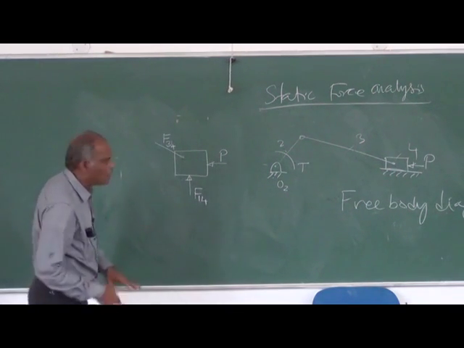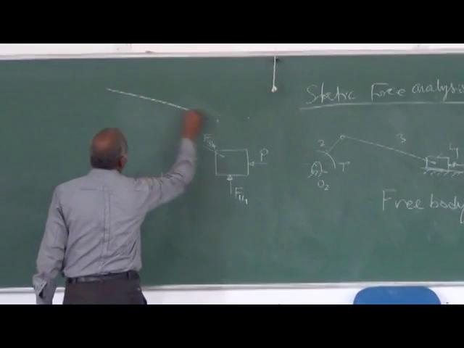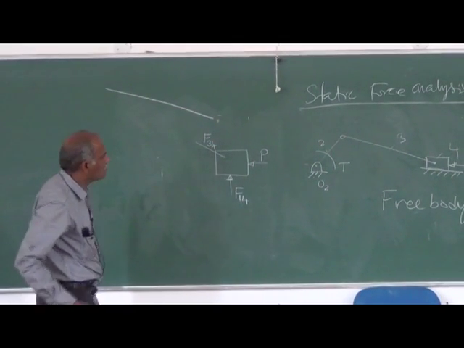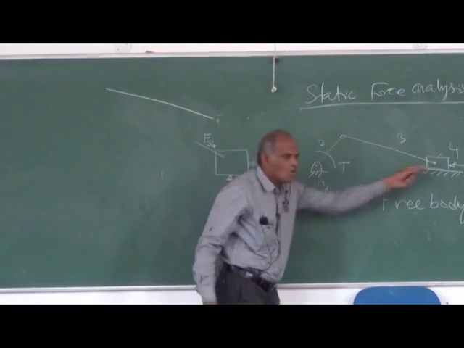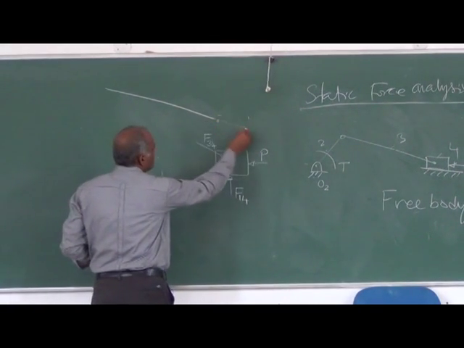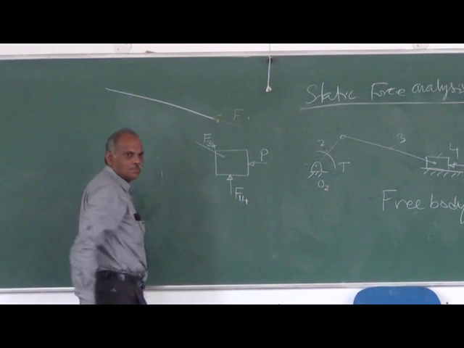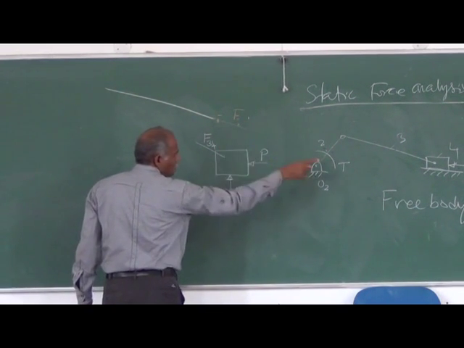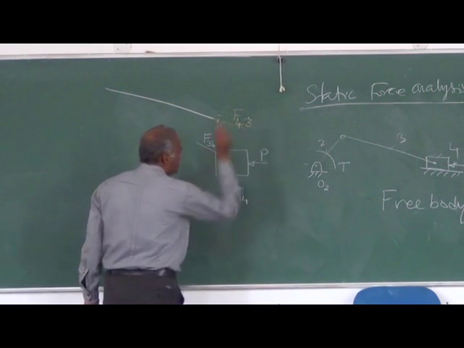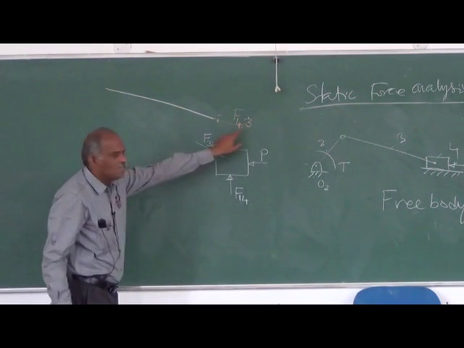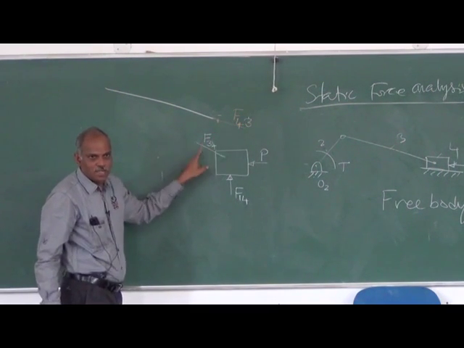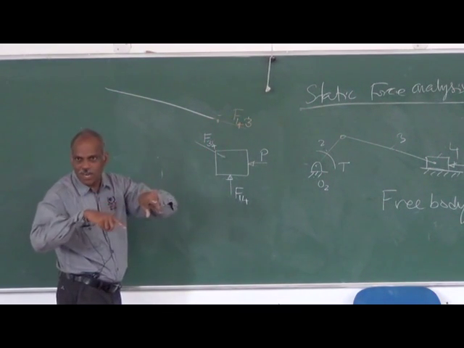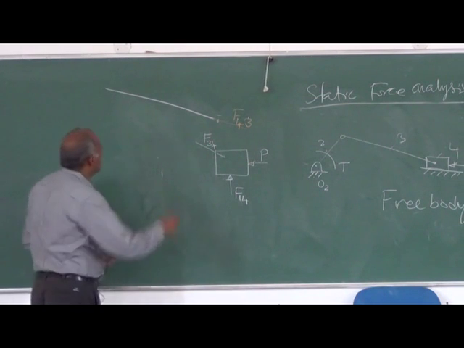Similarly, if I want to draw the free body diagram of linkage 3, I will have the reaction force from here, applied by 4 on 3. You see the change in the notations: F43 and F34 will be equal in magnitude and opposite in direction.